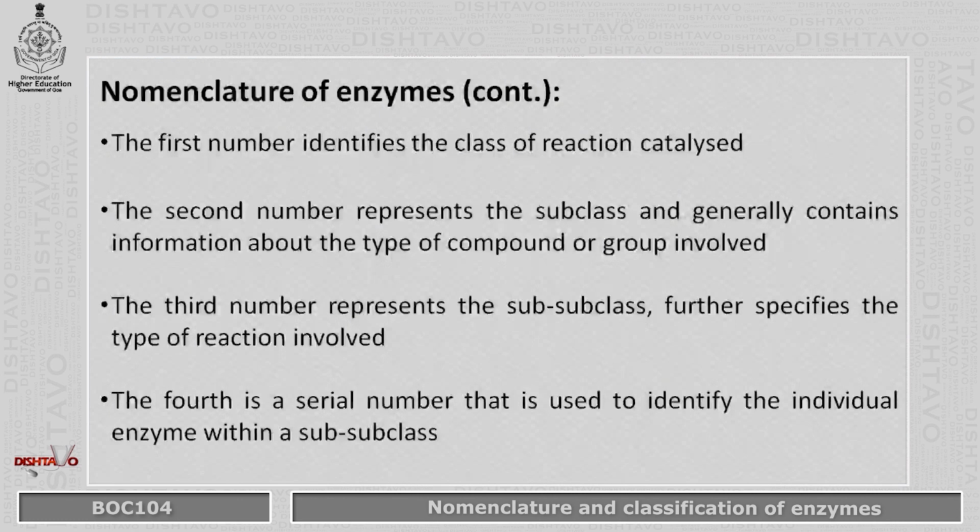The second number of the enzyme code represents the subclass and generally contains information about the type of compound or the group involved in the reaction. The third number represents the sub-subclass, which further specifies the type of reaction involved, and the fourth is the serial number that is used to identify the individual enzyme within a subclass.